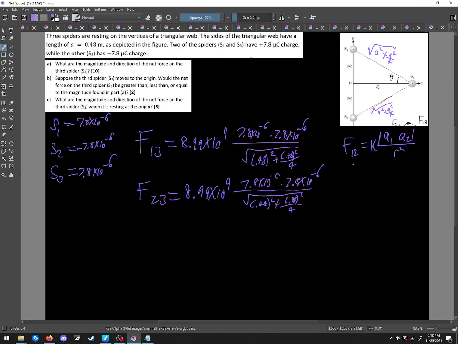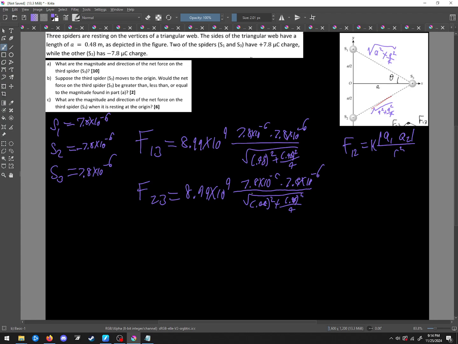I'm wondering what's going wrong here. And A squared plus A squared over 4 is 5/4 A squared. So we could, oh, I get it. Because it's R squared, and we have something in the square root, we just remove the square root.